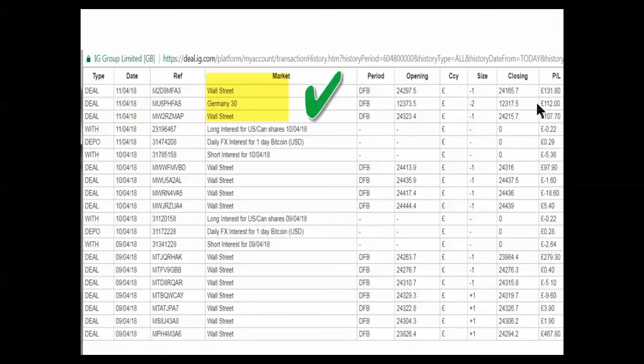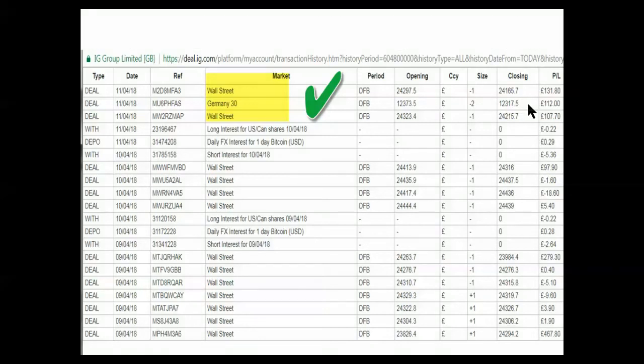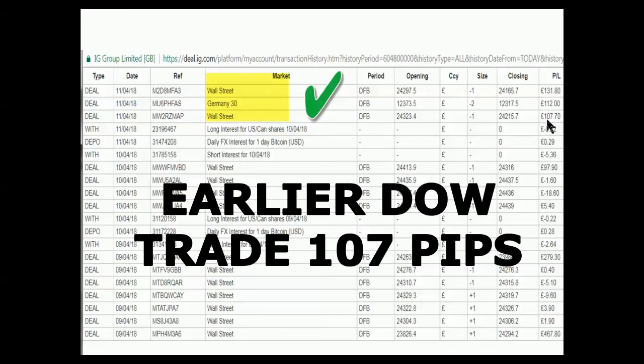So there was 56 pips, and that all happened whilst I was playing mini golf today with her and her friends, having a lot of fun. Then I came back and saw that that's banked, and then again the Wall Street one banked at 24,215. So three little trades there for very little amount of effort and time.